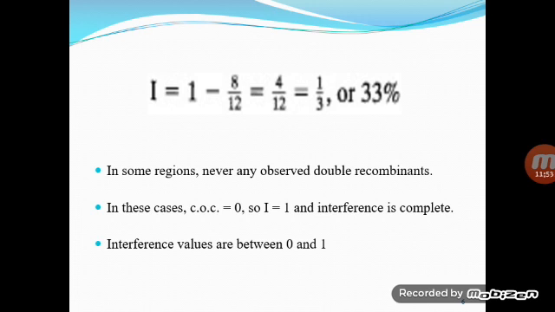So 1 minus 8 over 12 is equal to 4 over 12. It's a mathematical calculation. 4 over 12 is equal to 1 over 3. So 1 over 3 may also be written like this, 33%. 33% means interference is 33%.